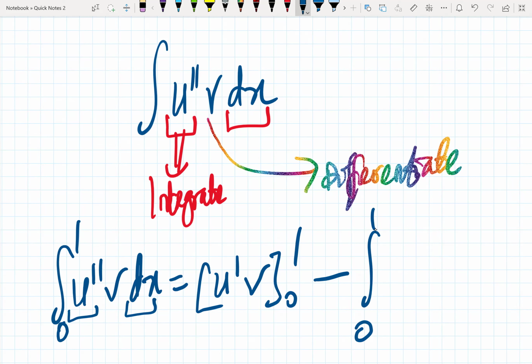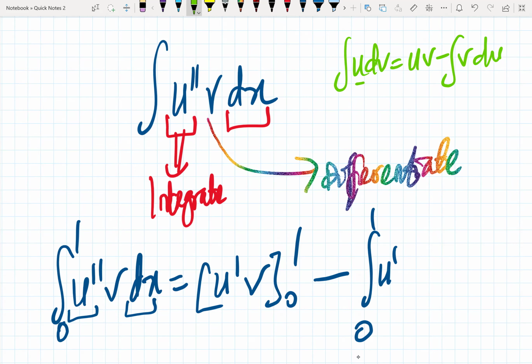Remember the general formula: the integral of u dv equals uv minus the integral of v du. What that means is that in this case, it is u that you differentiate.